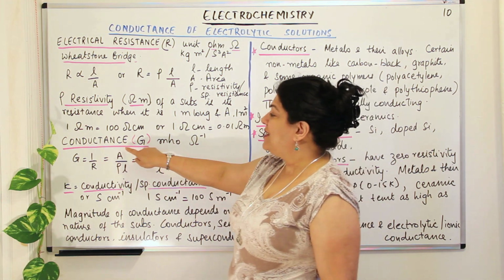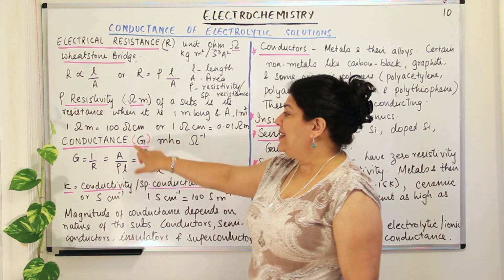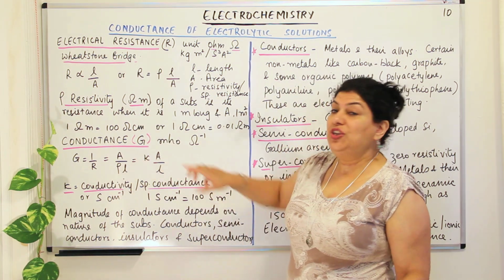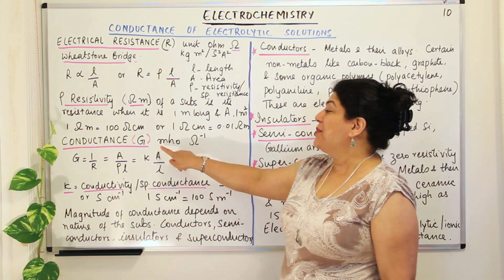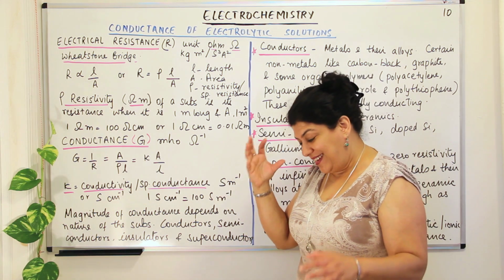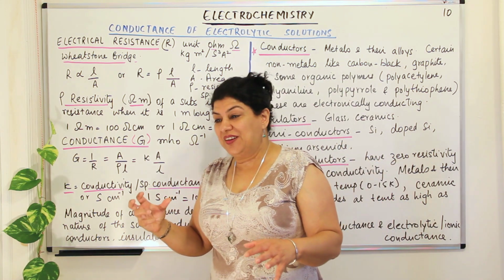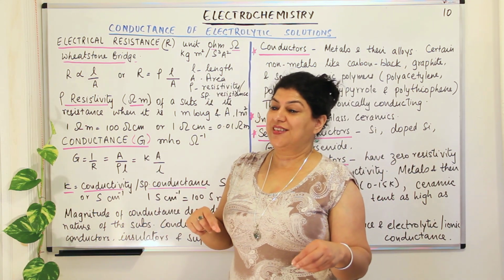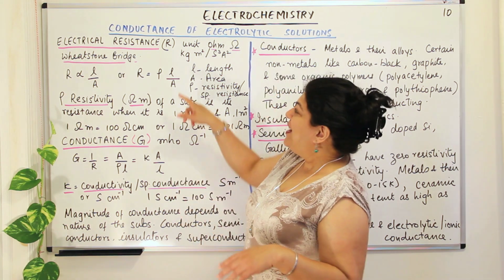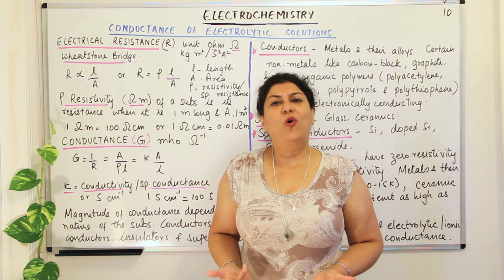So conductance is the inverse of resistance and it is represented by the capital letter G, and the unit for it is mho. I find this very interesting. Although we are studying science, here the inverse of resistance would be 1 upon resistance, and therefore its unit should have been 1 upon ohm.